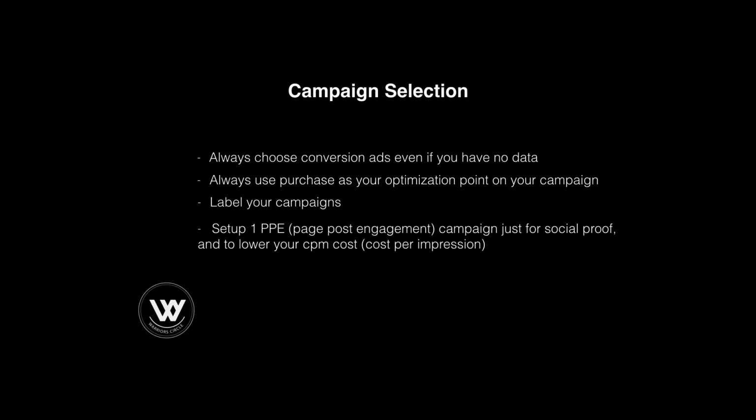And the reason why we do this is because we understand that people's guards will be down as far as clicking over to your site and purchasing your product when they see a lot of social proof on your posts. A lot of times we will use page post engagement to do that, and in the process of getting this engagement, the cost to reach more people goes down.